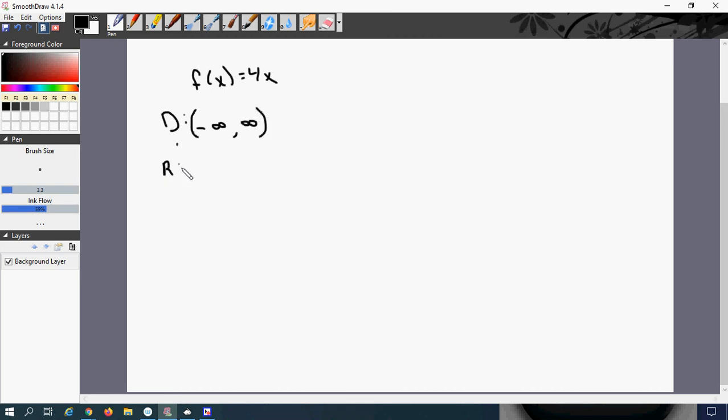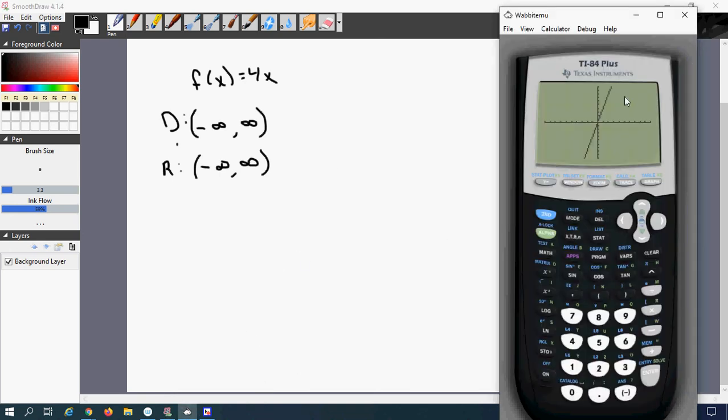And then for the range, it's the same thing, because we need all the y values in both directions to keep that line going. As I keep going along this line, I need all the y's. From here, I need this y. Here's one, I need this y. I need all these y's to keep making this line in this direction and in the other direction.